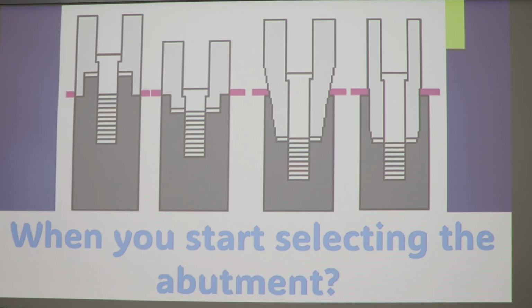I have another study to show you what the difference is between these two, but nowadays half of the implant is internal cone and this part is straight. This design, a mixture of these two, is the best design. The upper part is concave, it's angled, and this part is straight.